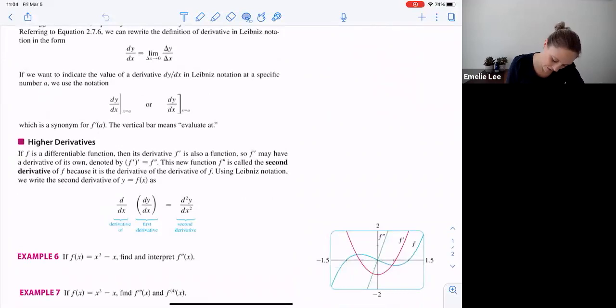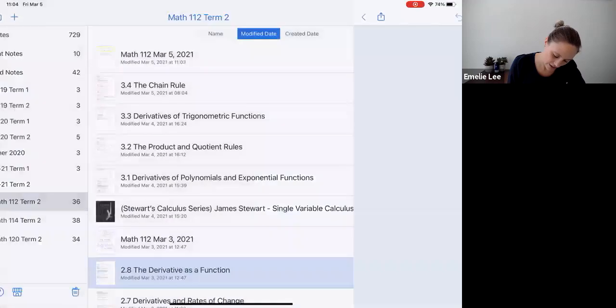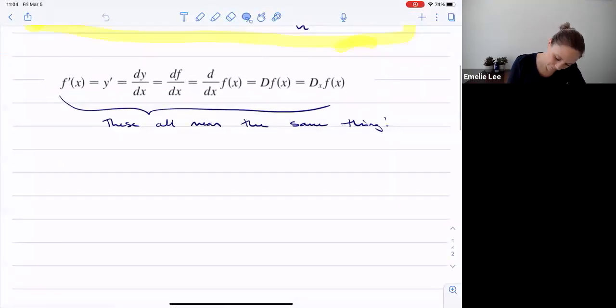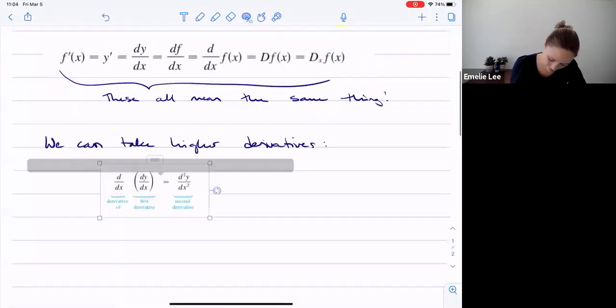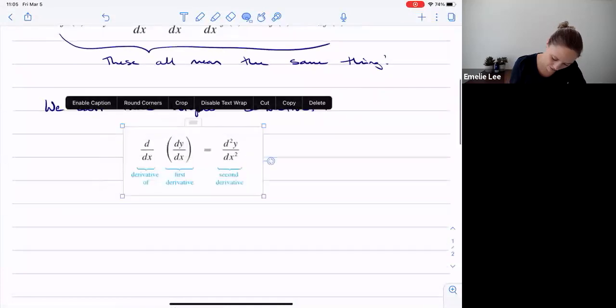But I do want to bring in these higher derivatives, how we denote them. So we can take higher derivatives like so, right?